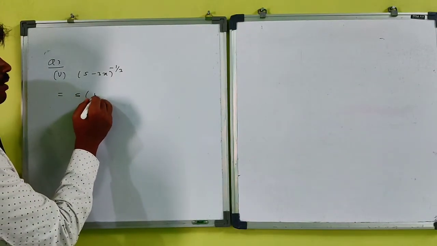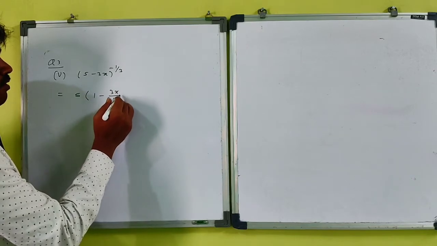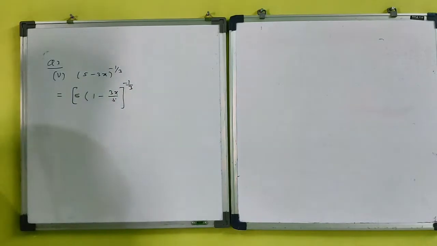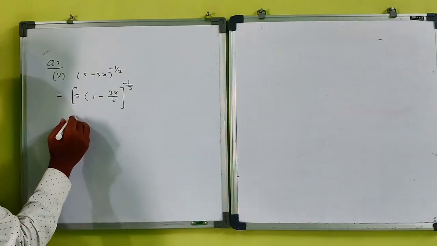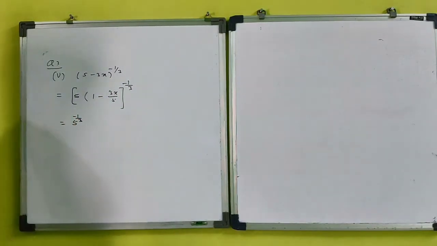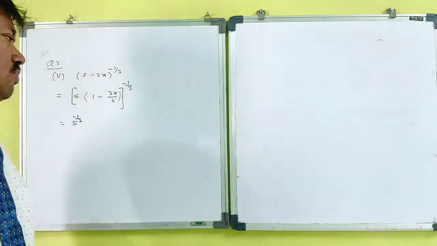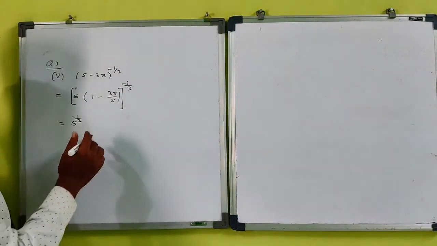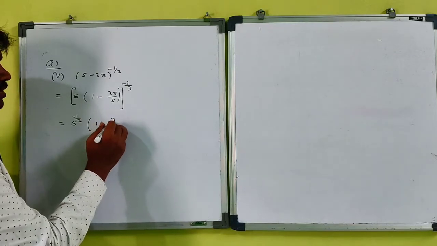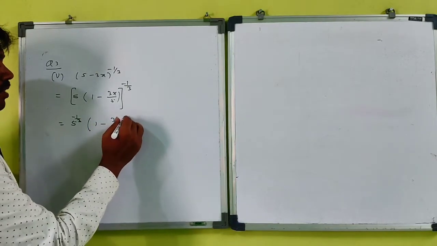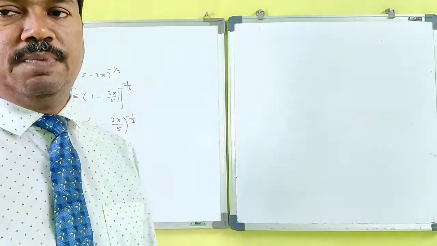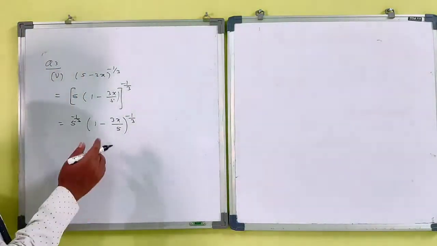Inside what remains is 1 minus 3x upon 5, and then the whole is raised to minus 1 by 3. So this becomes 5 raised to minus 1 upon 3 times 1 minus 3x upon 5 raised to minus 1 upon 3, and then expand it up to first 4 terms.